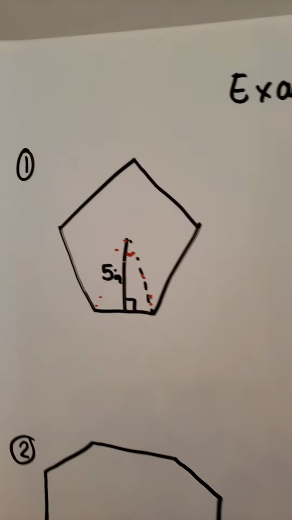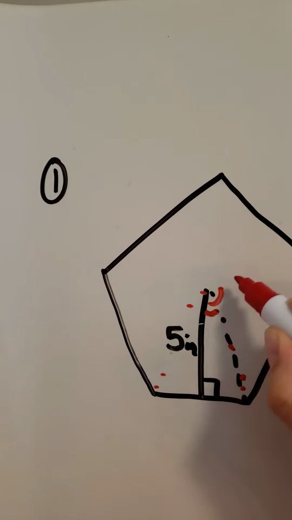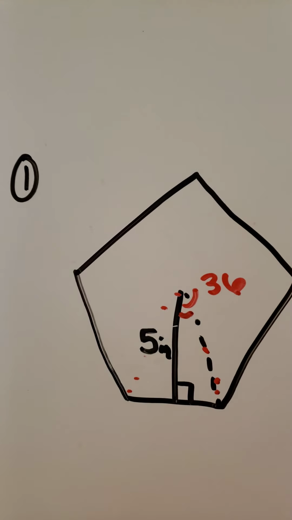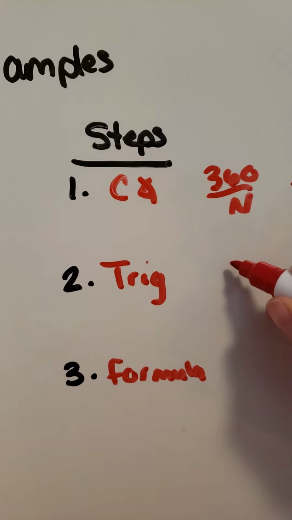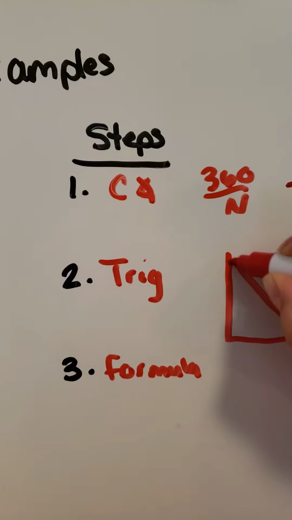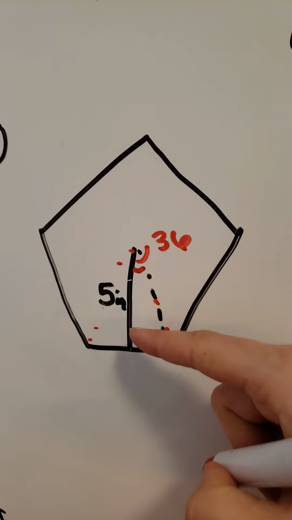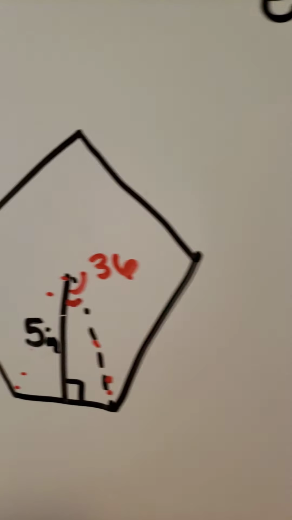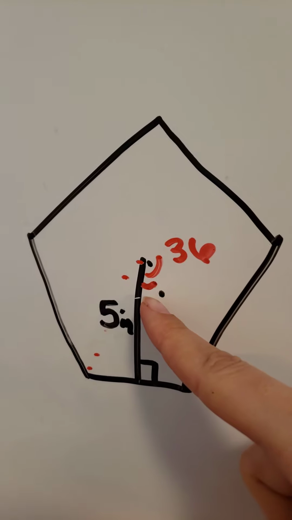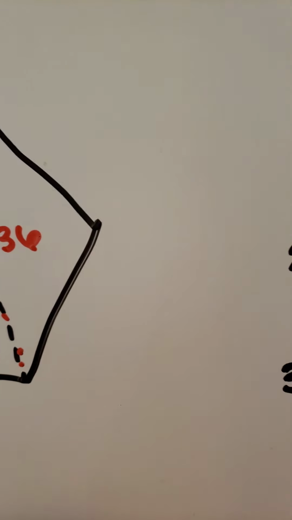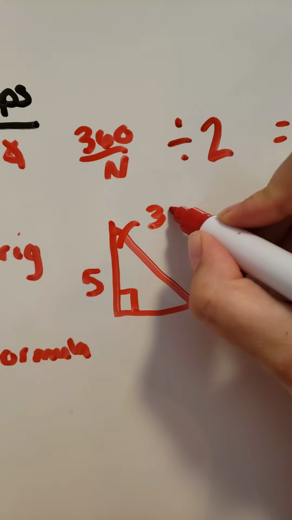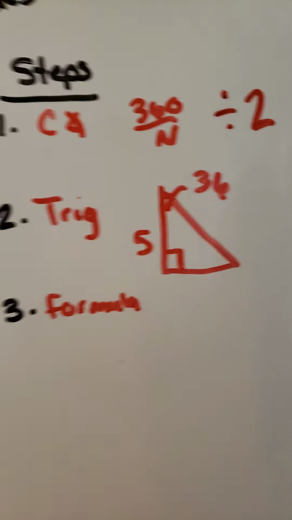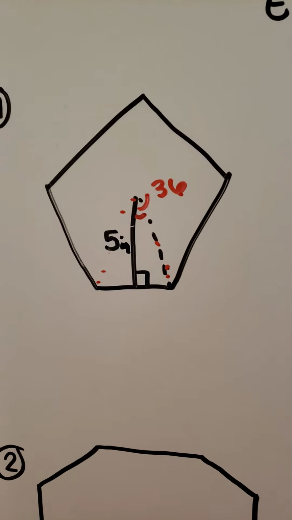Okay, so I'm going to take that 36 because I know this now is 36. Okay, and I'm going to write my right triangle here. I like to just kind of separate this triangle. You don't have to. I know that this side value of that right triangle is 5. So I'm going to put 5 here. And we found this angle here to be 36. So I'm going to put that angle there is 36. Okay, what side do I want to solve for?